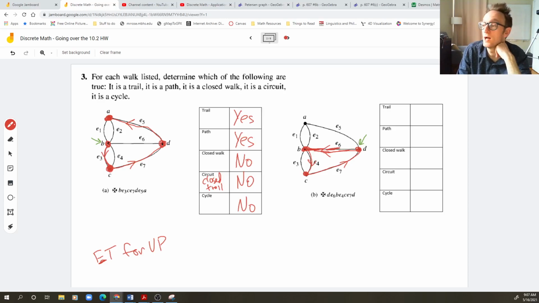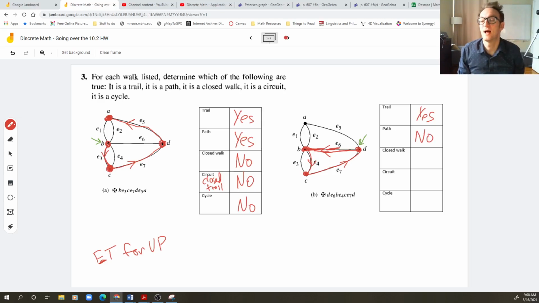So, is this a trail? Yes, because it does not reuse any edges. Is it a path? No. Hold on, I need to make sure I say this correctly.